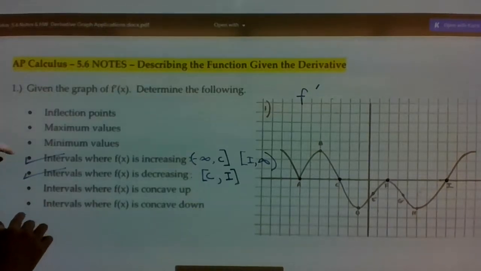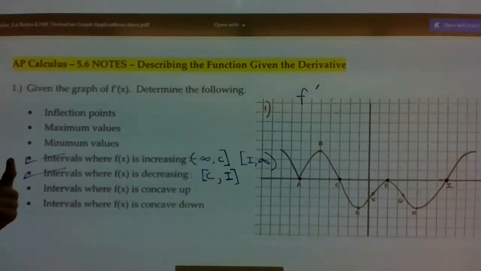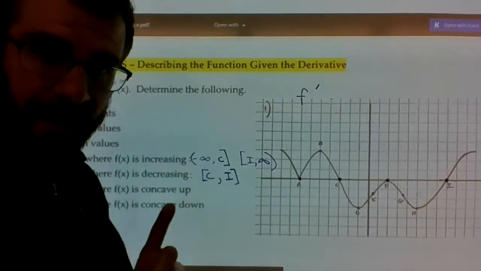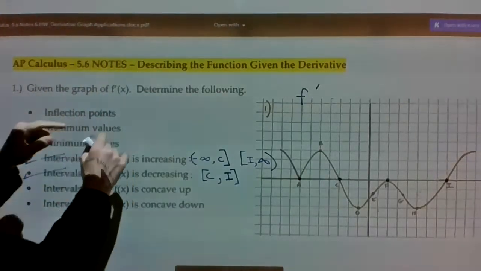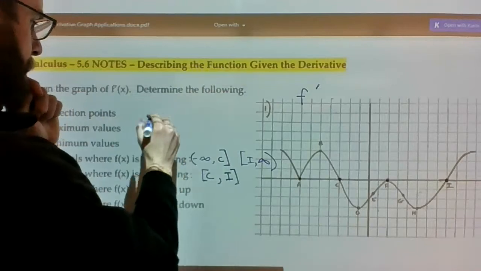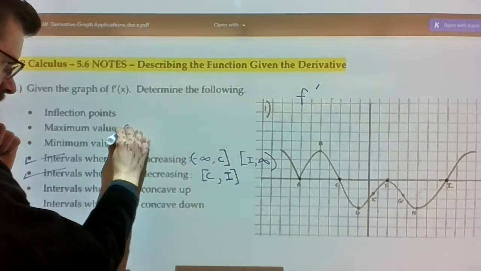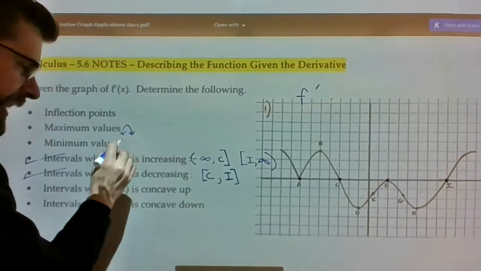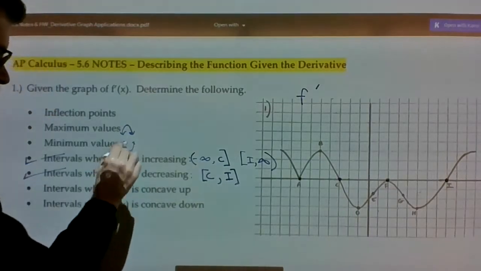I think these kind of go in tandem with one another because what's happening? The places where it switches from increasing to decreasing are the maximum values. The minimum values are where it switches from decreasing to increasing.